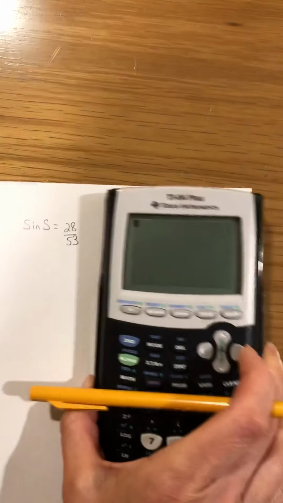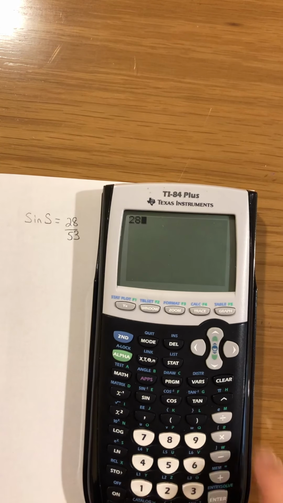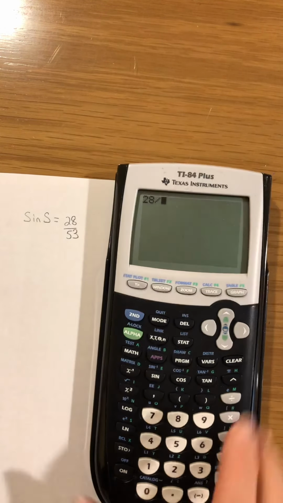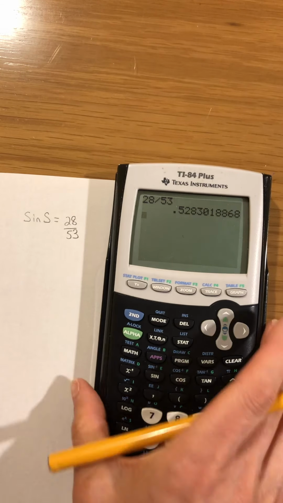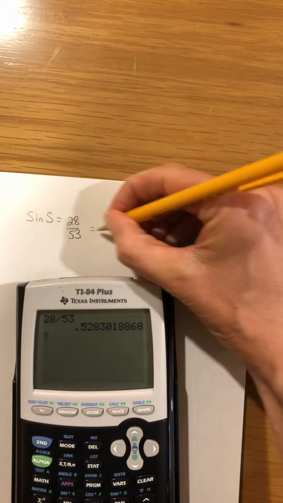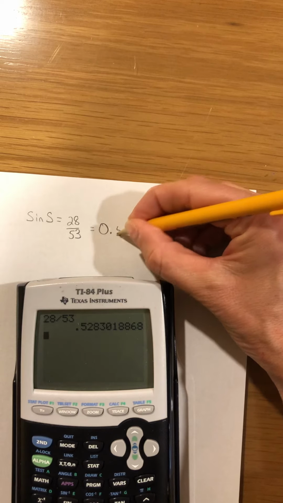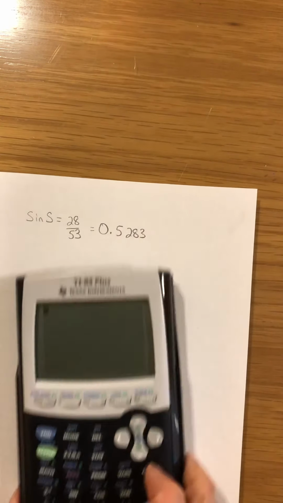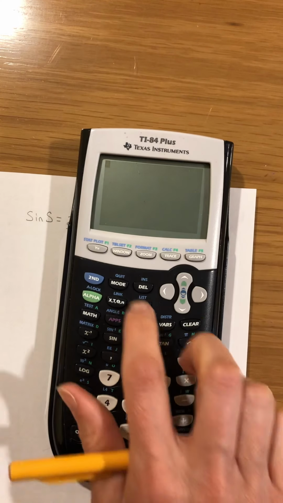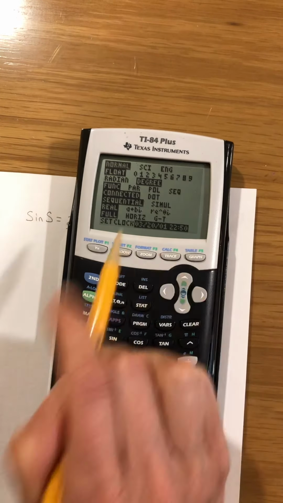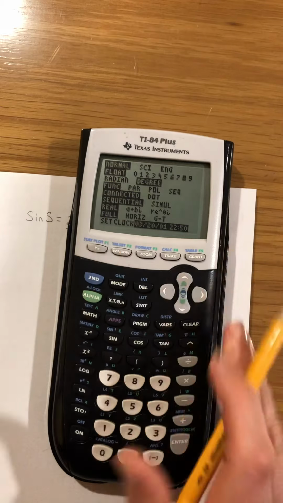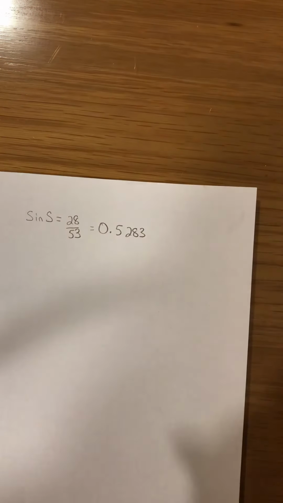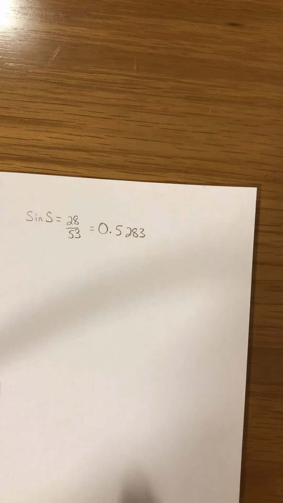And then for all of these, I'll do this one, but I'm not going to do the others. You just put it in your calculator, 28 divided by 53, and you get 0.5283, and it says to 4 decimal places. Also, if you're not getting the same answer as me, make sure your calculator is in degree, not radian, because it'll give you the wrong answer if you're in radian. So make sure you're in degree.